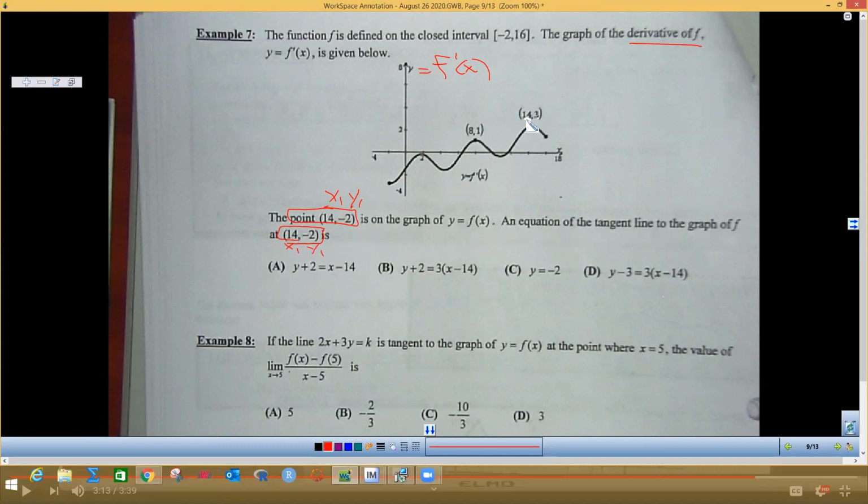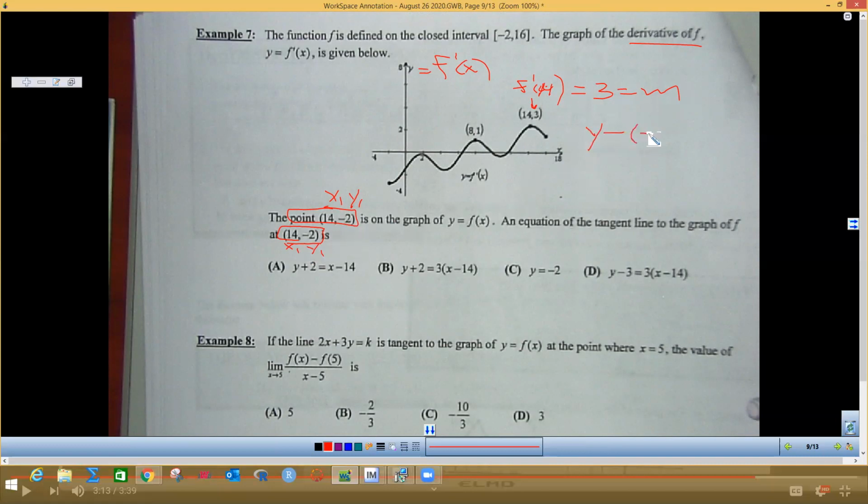So if I go to 14, this is the same x as this x, but this is f prime of 14. In other words, this 3 is the slope. That is your m, and this is your x1, y1. So you can put that into your formula.